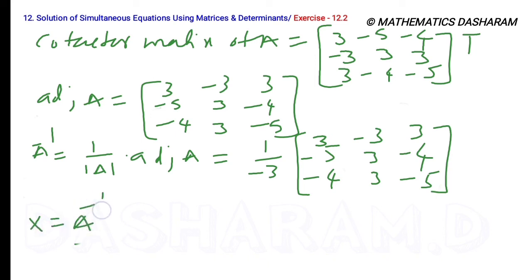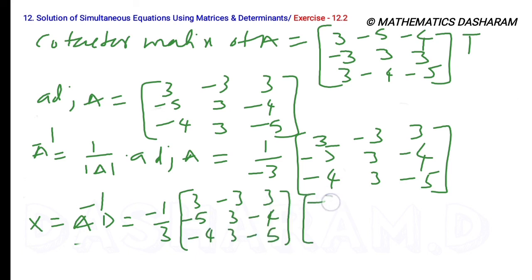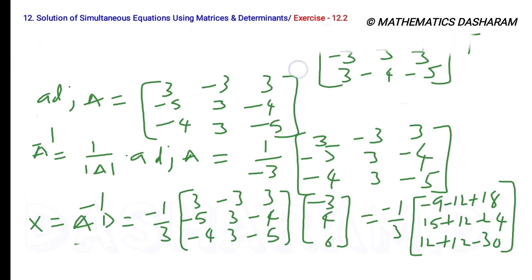Its formula is A inverse into D. The A inverse matrix is minus 1 by 3 into 3, minus 3, 3, and D is minus 3, 4, 6. Let's multiply them. Minus 1 by 3 into. So let's simplify this.